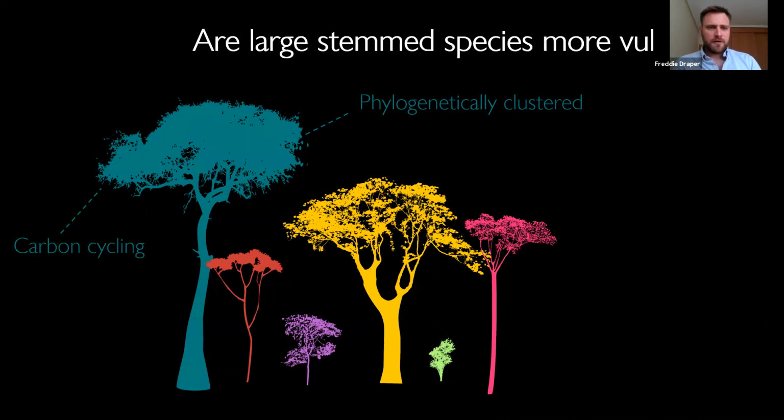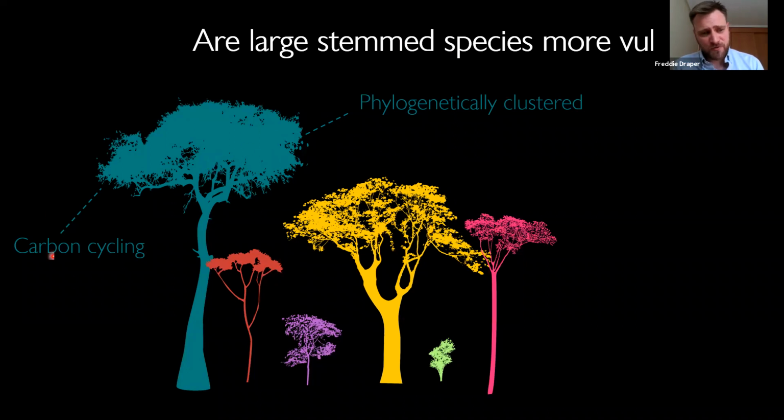Another really important implication of this research is about these large trees that are phylogenetically clustered in just a few lineages. So they lack phylogenetic diversity. Does this lack of phylogenetic diversity mean that they could be more vulnerable to, for example, climate change?